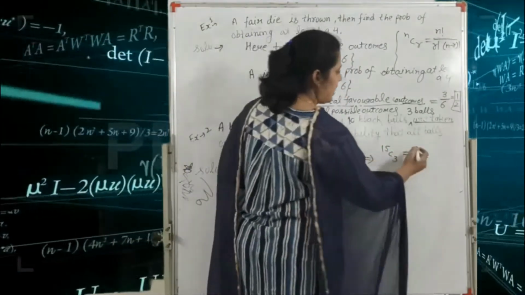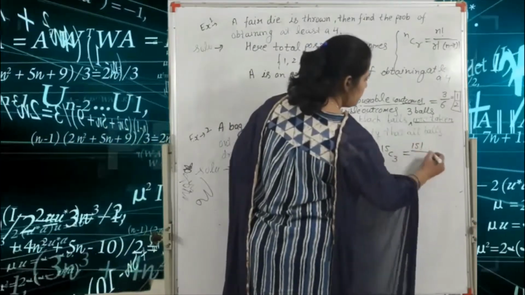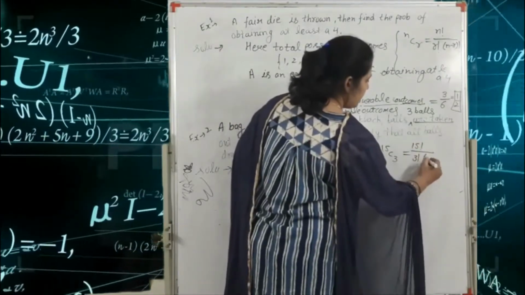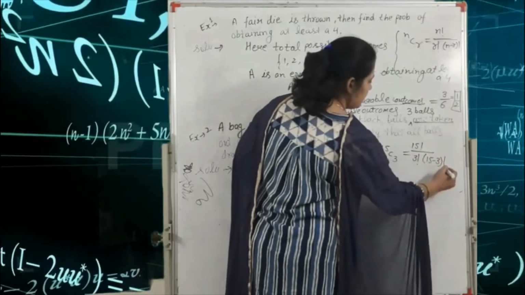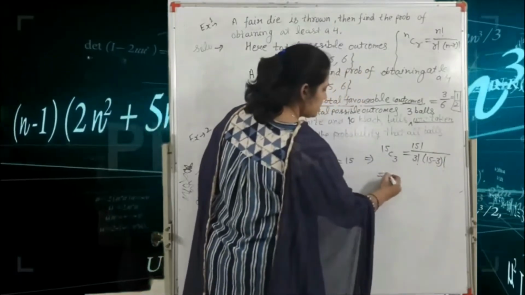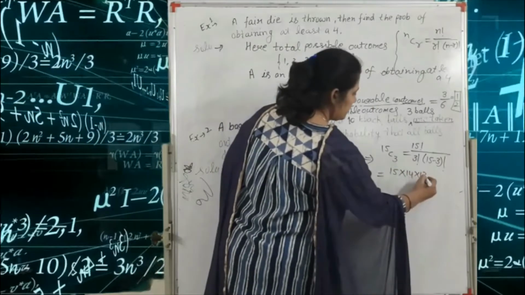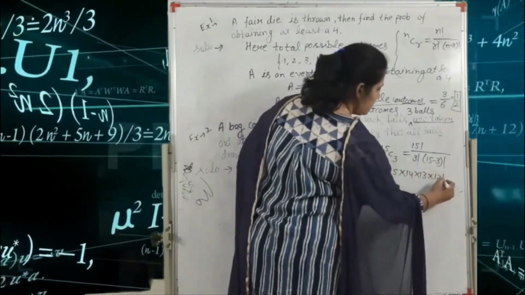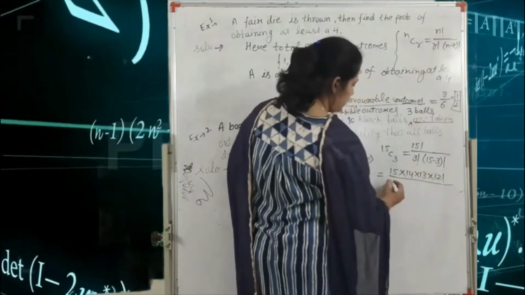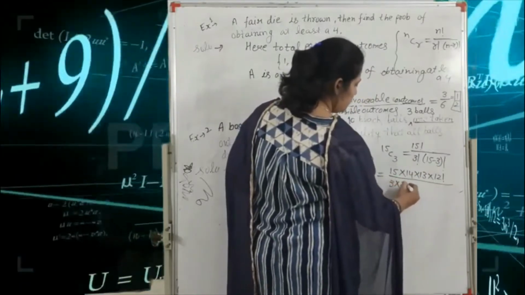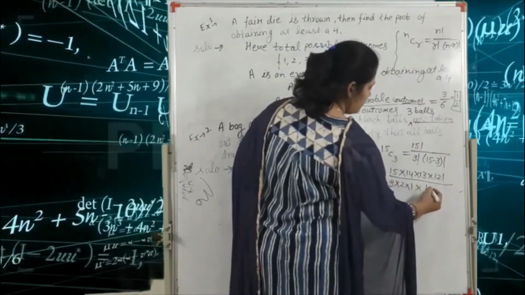So nCr means factorial 15, divided by factorial 3 into factorial 15 minus 3. Got it? So open this term: 15 into 14 into 13 into factorial 12, and here 3 into 2 into 1 and factorial 12.